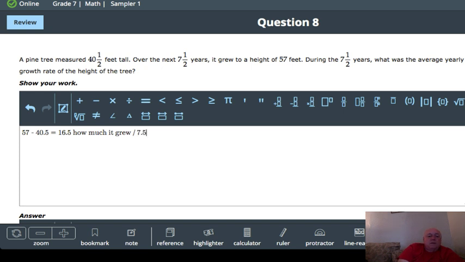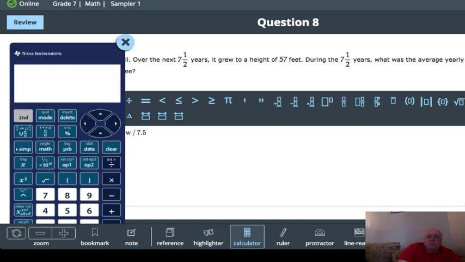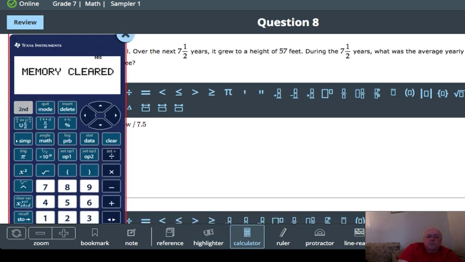Let me just reread it. A pine tree measured 40.5 feet tall. Over the next 7.5 years, it grows to 57 feet. During the 7.5 years, what was the average yearly growth rate of the height of the tree? So we're going to have 16.5 divided by 7.5, and we get 2.2.